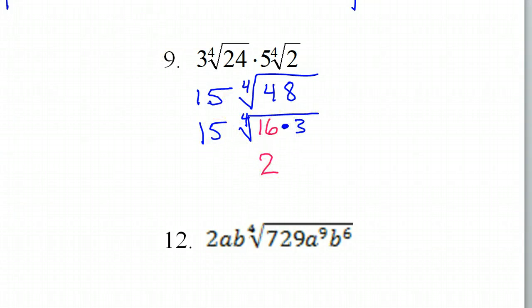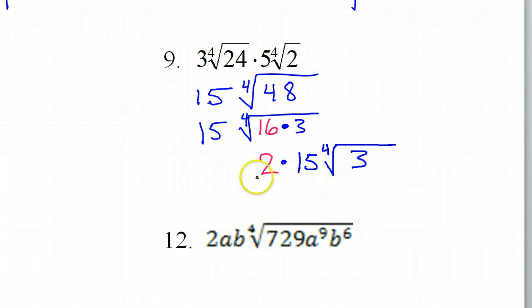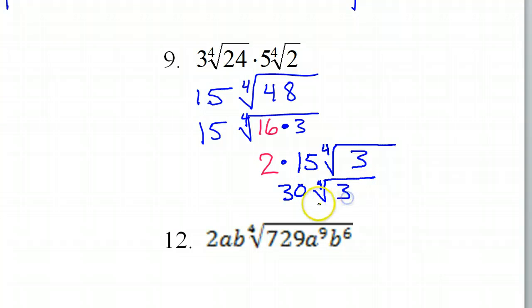Now everything in blue is going to stay like it is. So this is going to be times 15 times the 4th root of 3. So for your final answer, you have to go ahead and multiply these as well. So I will have 30 times the 4th root of 3. So that is your final answer.